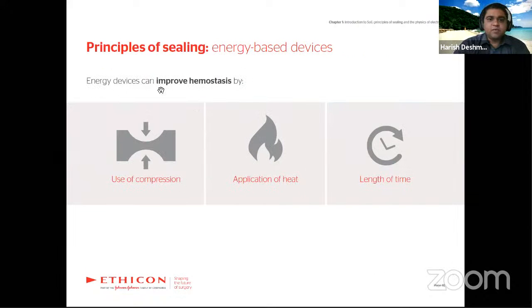So an energy device can improve hemostasis by heat, compression, and time. Time is basically the length of time. Heat means application of heat, how much heat you are giving: 100 degrees Celsius, 200, 300 degrees Celsius. Compression has been one of the best things since our age-old Ayurveda, everything has said that heat and compression are the most important factors.